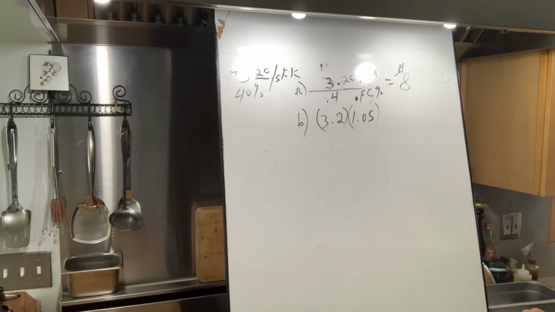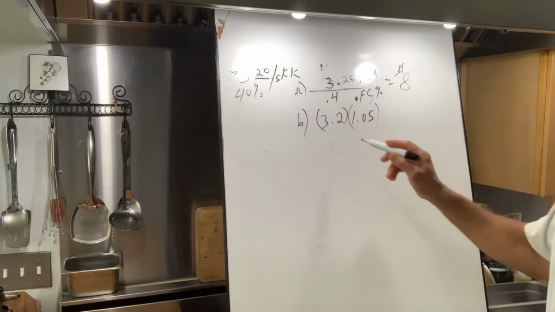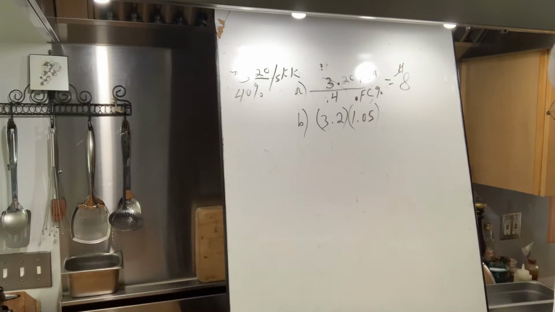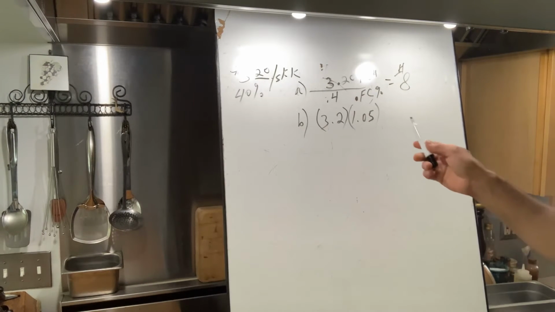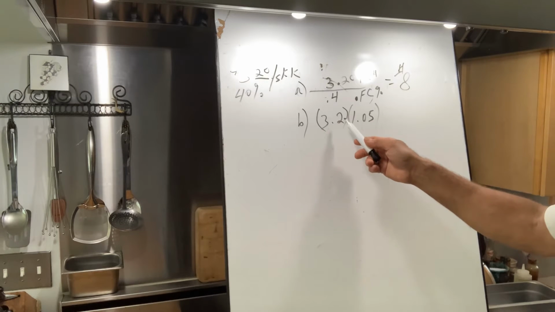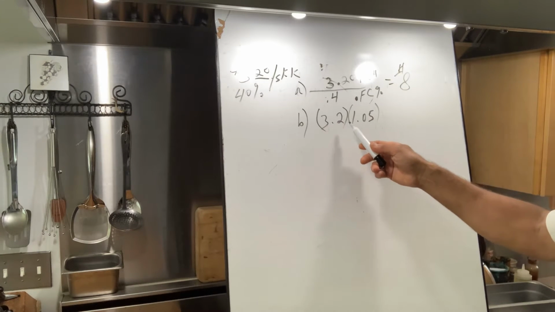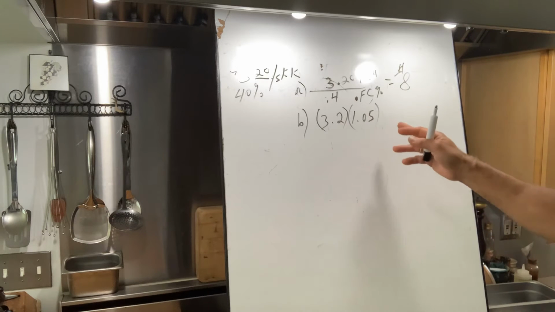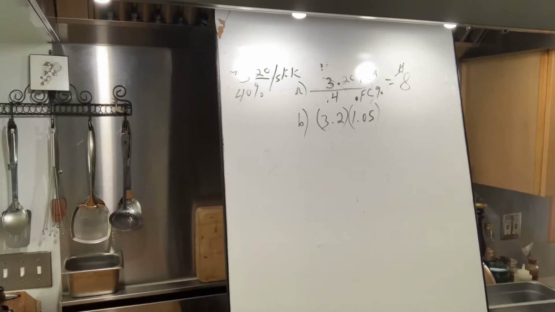So that would be equivalent to 1 times 3.2, and then 5% of 3.2 is 16 cents, so $3.36. I should get my calculator so I don't have to waste time doing it in my head.